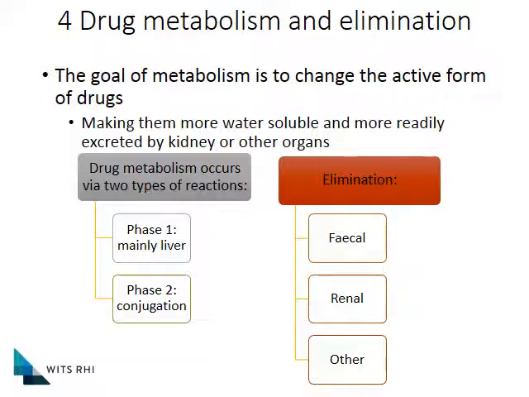And although there are different places in the body where metabolism occurs, we can group them into two large types of reactions. So there can be largely liver metabolism happening in the liver processes, or it can be largely happening through conjugation, which is where you will start excreting it, for example, through the renal route. But both the liver and the conjugation routes eventually will eliminate it and can do it through any number of routes.